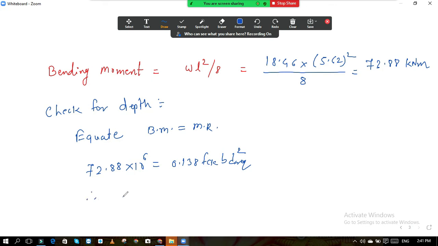So D required is equal to 0.138 into FCK, which is 20, into B, which is 1000, into D required square. What is the value of D required?